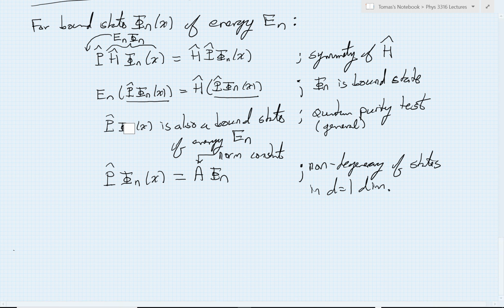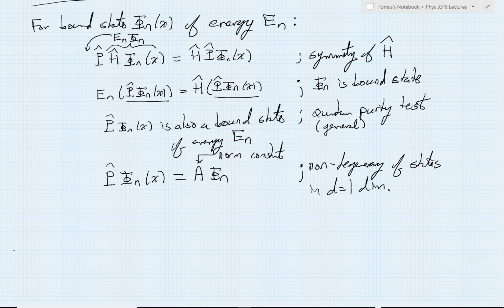If there's only one state, if it's a non-degenerate state, I get this nice relation, and I can conclude something very quickly from this. If, on the other hand, it's a degenerate system, things get very interesting. They then begin to relate to a more complex mathematical theory known as complex representations of groups.